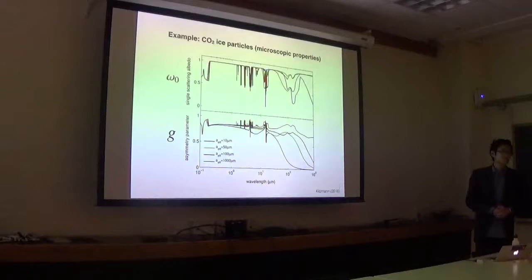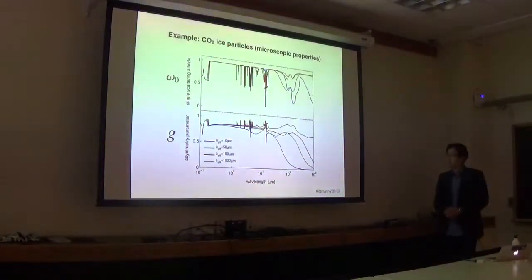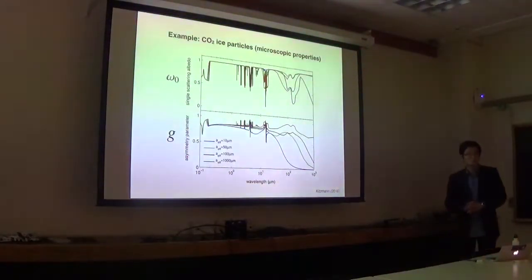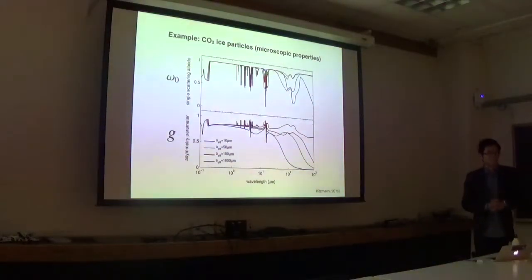Yes? I want to ask about those experimental measurements of omega 0 and G. Let's say in your lab, you take CO2 ice particles, and what is the effective A? I don't have a satisfactory answer to your question. All I can tell you is that this was done using a Mie scattering code, but I do not remember if this was checked against the experiments.